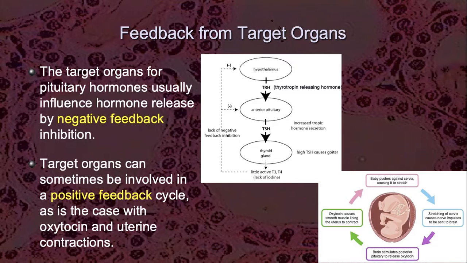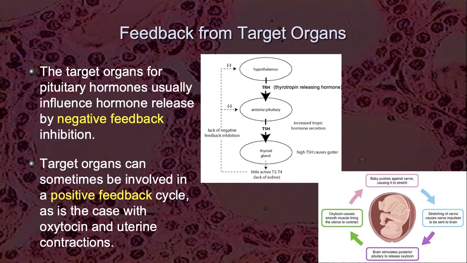Okay, it's going to eventually push out, but it pushes down more on that cervix, which causes it to stretch, which sends it up to the hypothalamus, which causes the release of more oxytocin, which causes another contraction, which pushes the head down. And so that process continues and continues and continues to give you more and more and more oxytocin. Okay, so that's positive feedback.